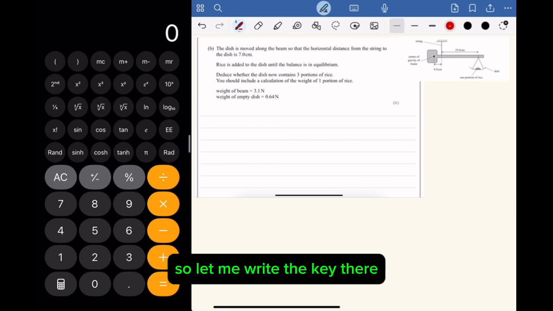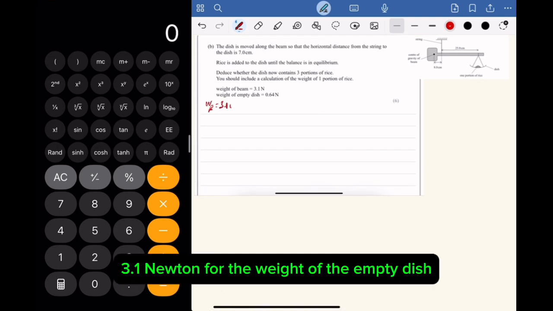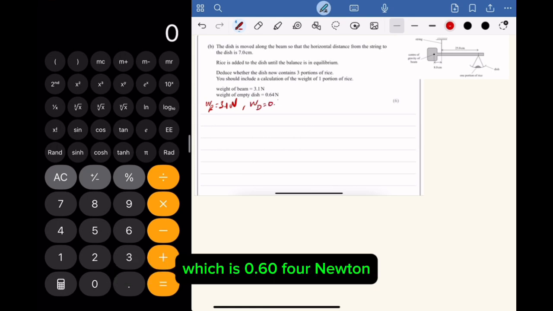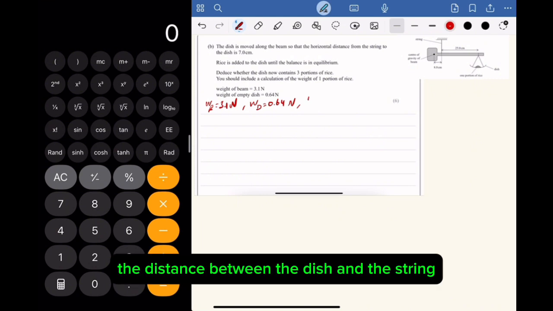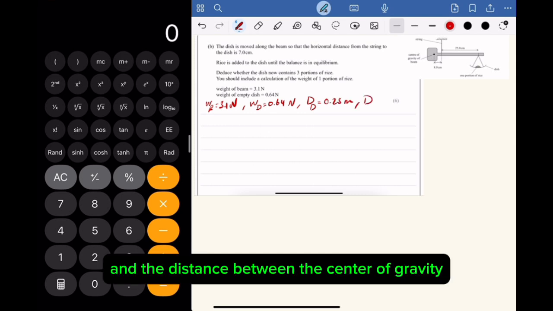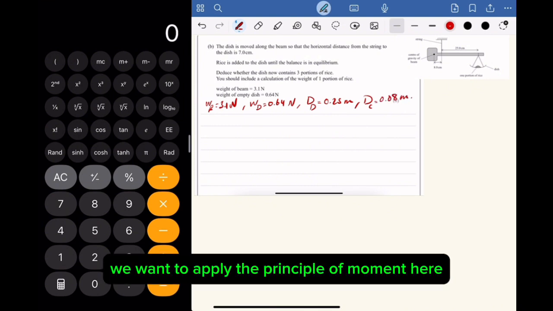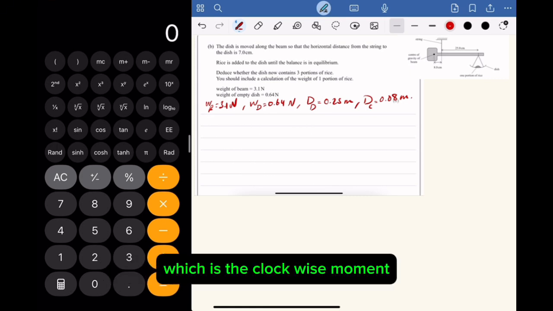So let me write the given: WB is 3.1 Newton, the weight of the empty dish is 0.64 Newton, the distance between the dish and the string is 0.25 meter, and the distance between the center of gravity and the string is 0.08 meter.